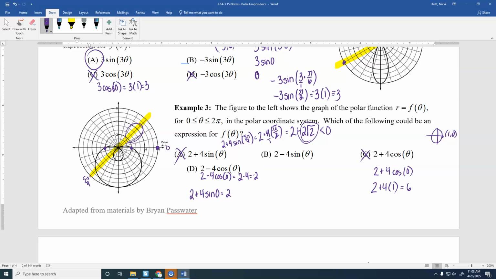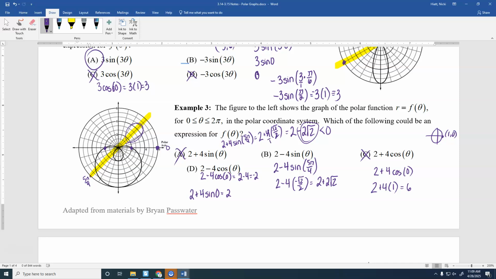So I'm going to try 4 sine theta. So 2 minus 4 sine of 5 pi over 4 is going to be 2 minus 4 times negative square root of 2 over 2, which this time is going to give me 2 plus 2 square root of 2. Okay, I don't know exactly what that's going to be, but is it going to be positive or negative?